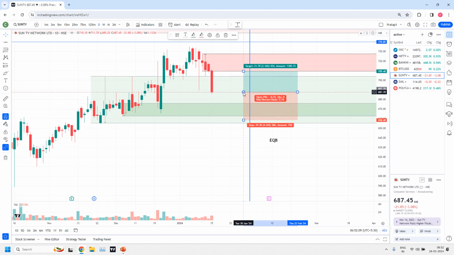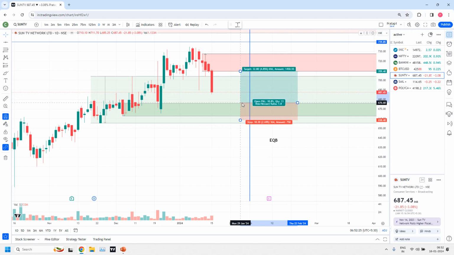For the second one, again you place your mouse, click, do not release, and then drag it and place it at your entry level. Assume this is your entry, so place it there.